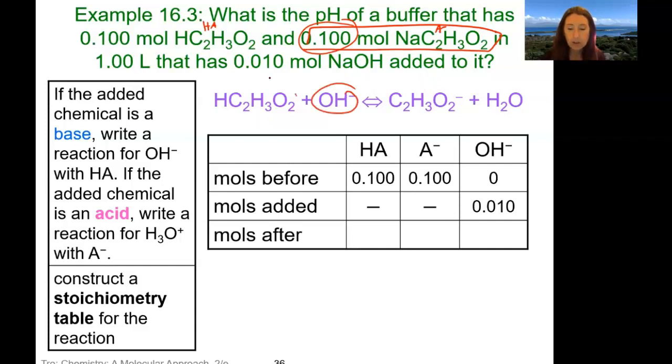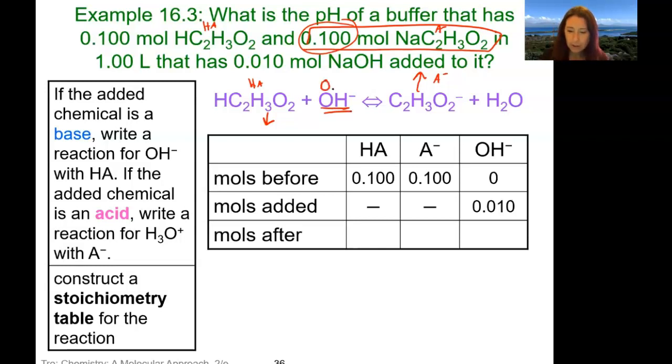The OH is going to react with the HA to make more A minus, right? So when we add this OH, it's going to react with all of this, or whatever it can react. And so this is going to go down by the amount of OH we added.